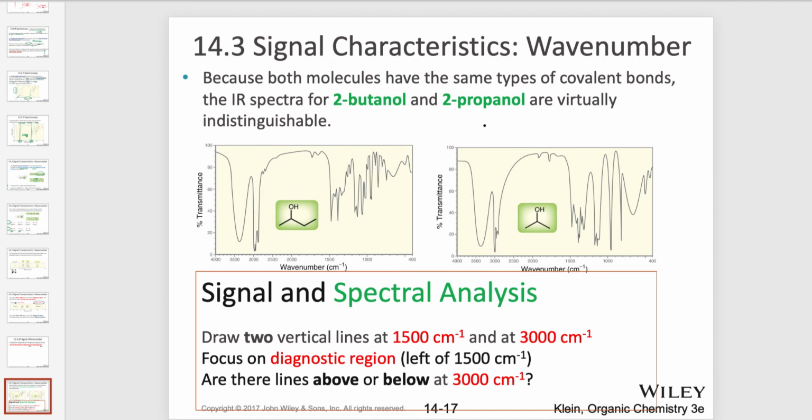So here I tell you again, draw two vertical lines at 1500 and at 3000. Focus on everything that is above 1500. So if we were to do this here, right, we can draw in our lines, especially at 1500, and we can do this again on the other side.